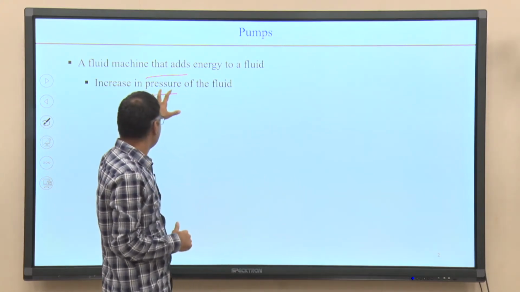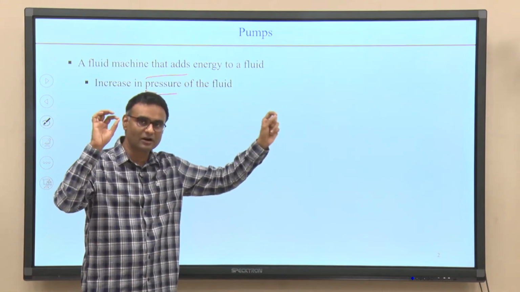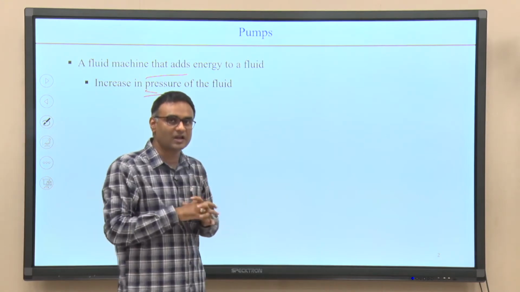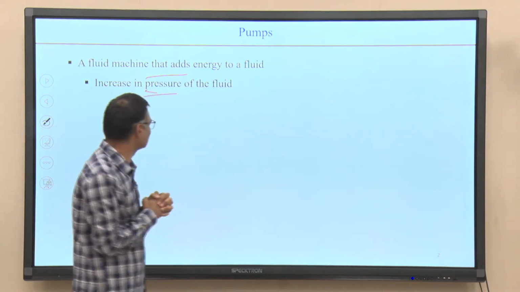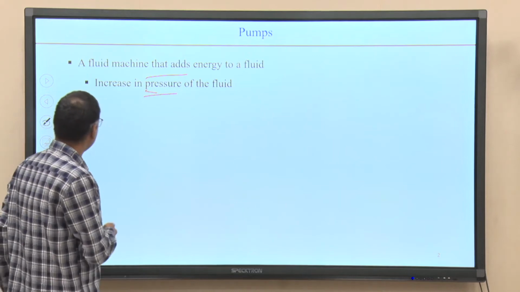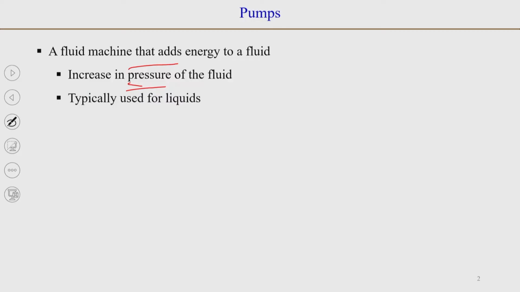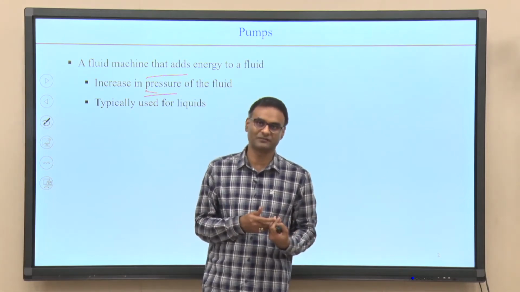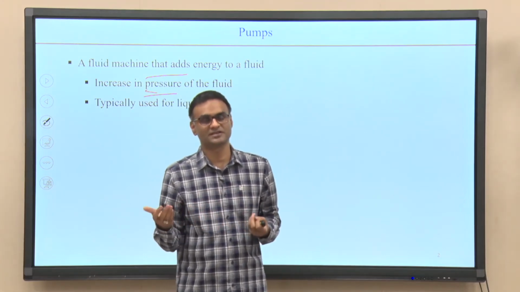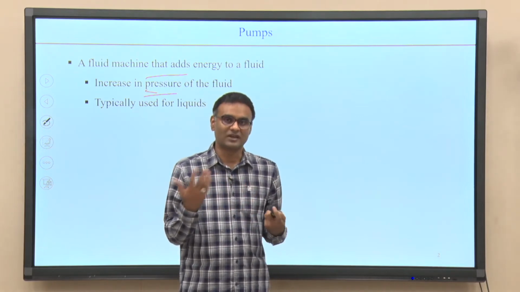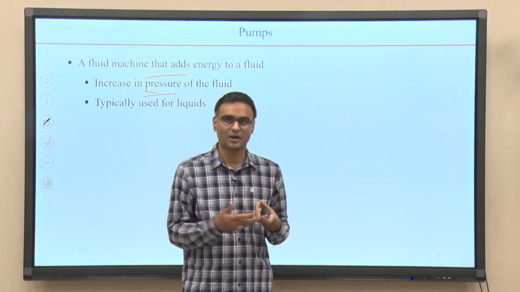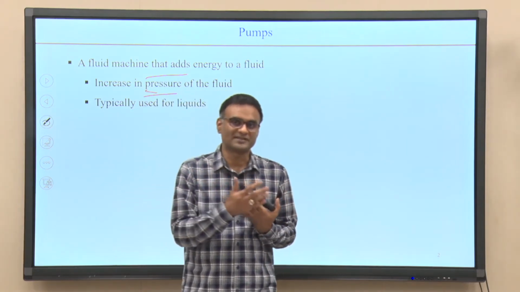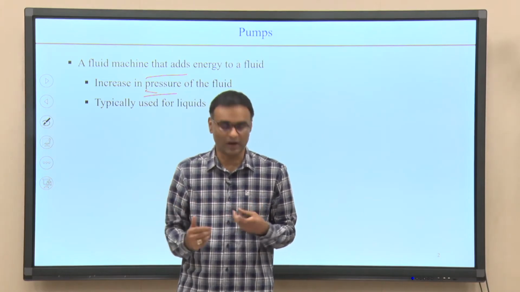So, if we look at the pump inlet and outlet, what changes predominantly is the pressure at the suction side and discharge side of the pump. The term pump is typically used for liquids, and when we use a fluid machine to increase the energy of a gas, we may call it a fan, blower or compressor, depending on the pressure head and flow rate requirements.